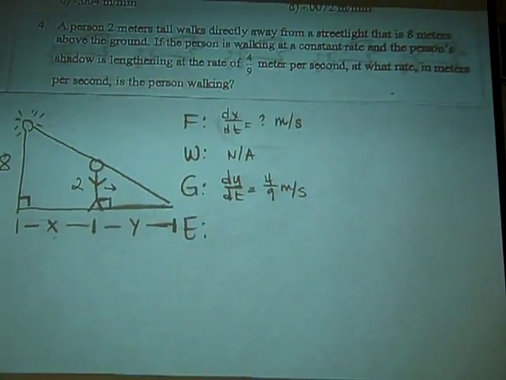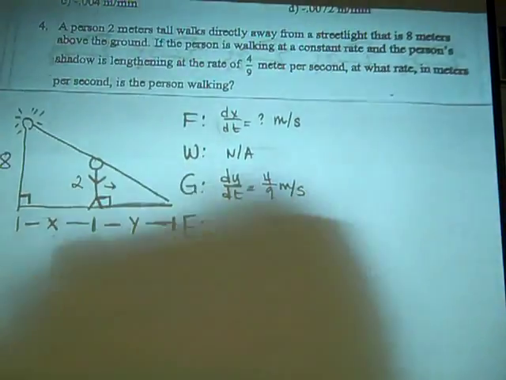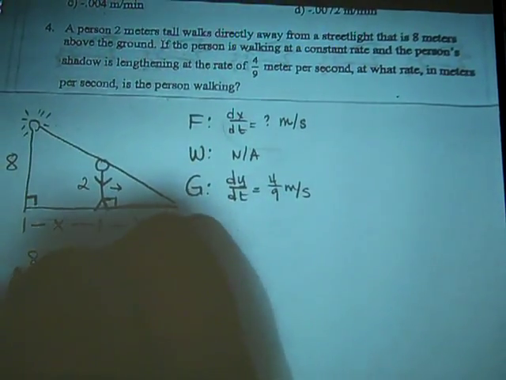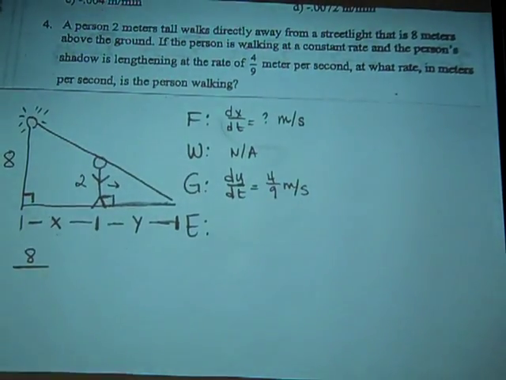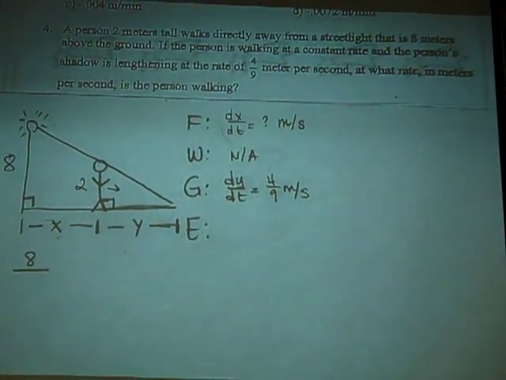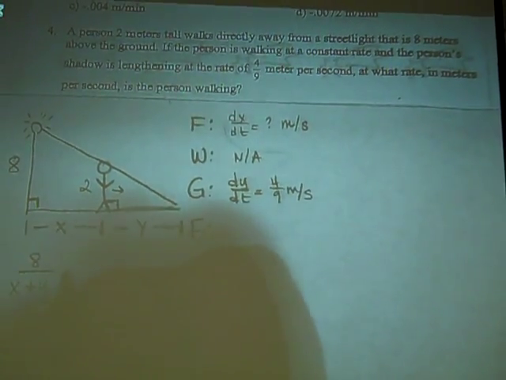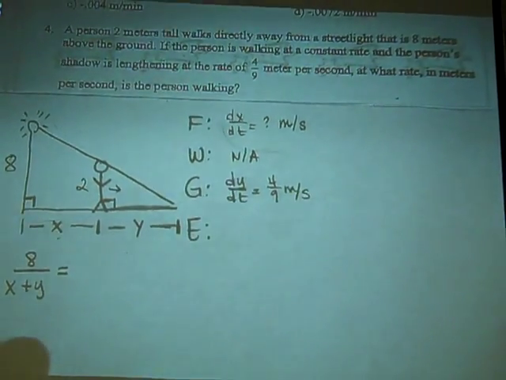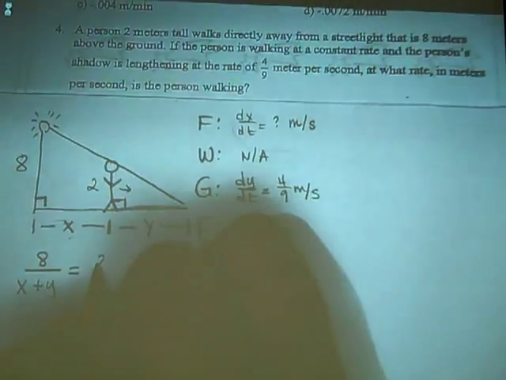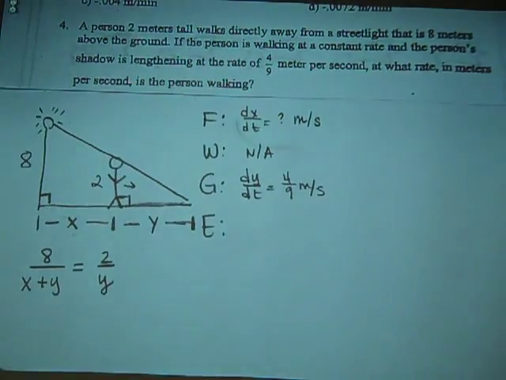It doesn't matter how you start. The height of the big triangle, 8, is to its base, which is x plus y, and I'm going to set that equal to 2 over y. What do I do now?